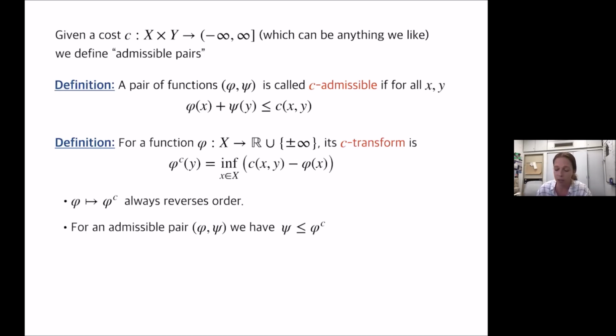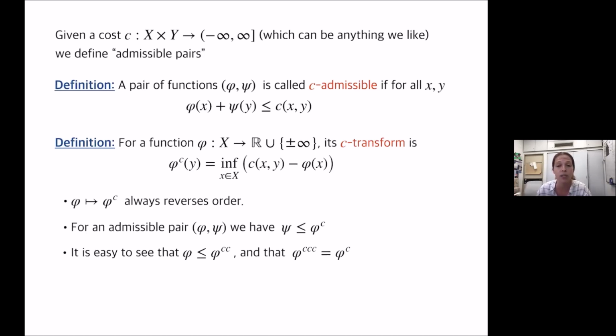And just using these two properties, it is quite easy to see that when you apply the transform twice, you always get something bigger than phi. And when you apply it three times, it's just like applying it one time. So this means that the c-transform actually is an involution on the image of the c-transform. When I look at phi^c and apply the c-transform twice, I get back to phi^c.